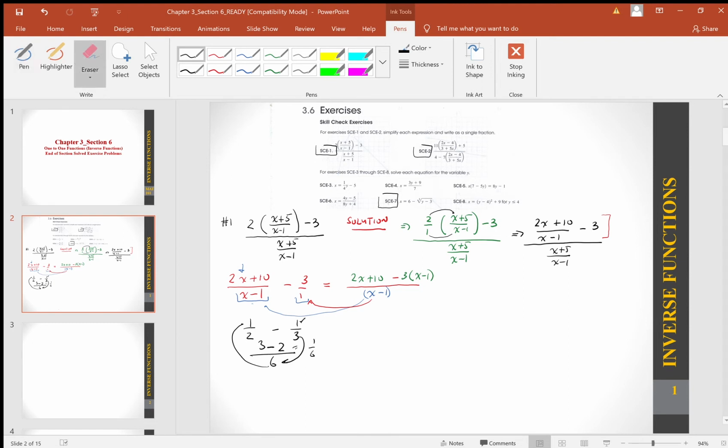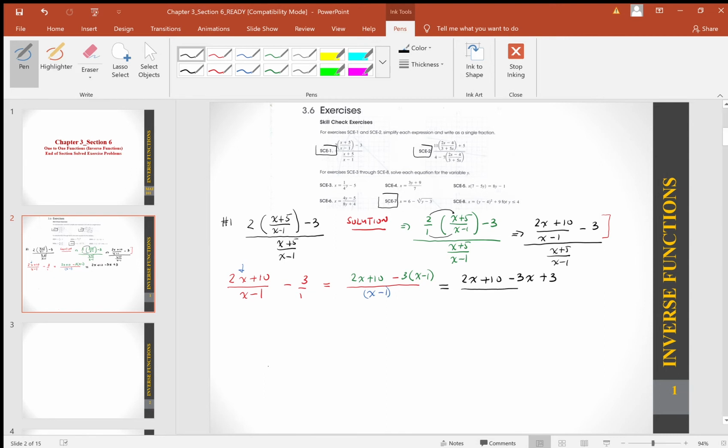In this case, your denominator is nothing more than just x minus 1 and 1. So it's the same principle. With that being said, I could take this step further and really solve. So it's going to be 2x plus 10 minus 3x plus 3, all divided by x minus 1.